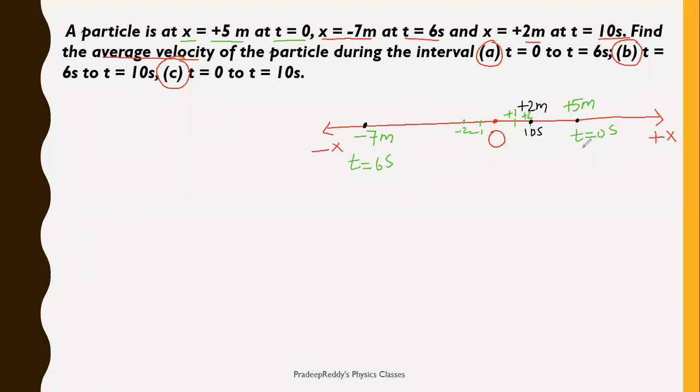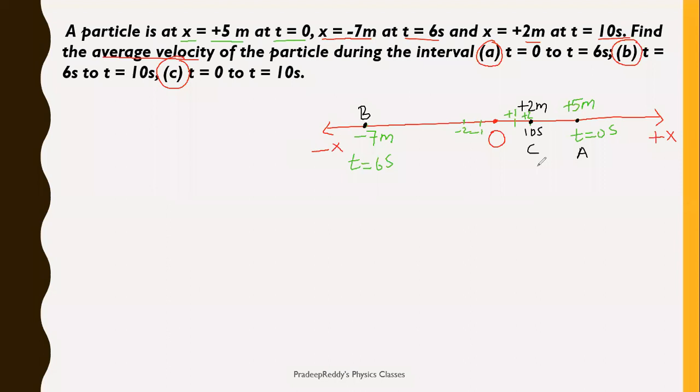The first position is this. It is A. The second position is this, B. The third position is this, C. These are the 3 different positions when the body is at t is equal to 0 second, 6 second and 10 second. Have you understood this graph? I hope this should be better.